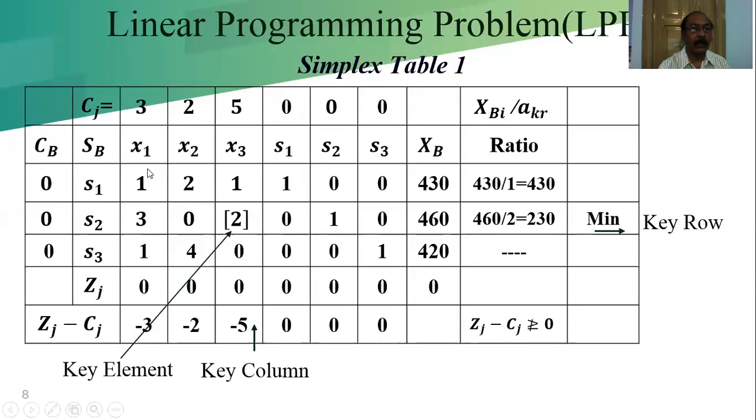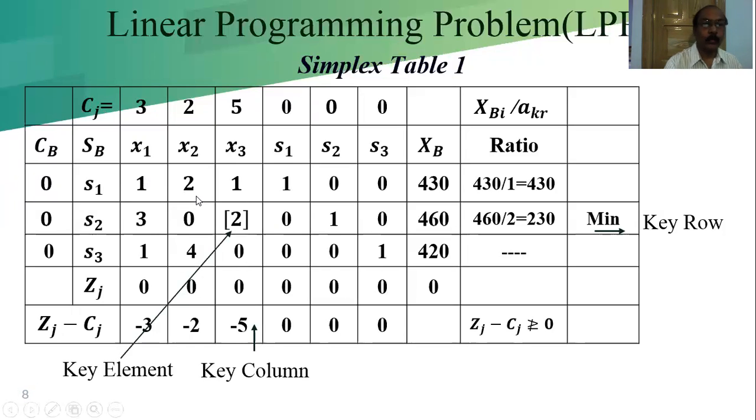This is the old value, so the new value will be 1 minus the corresponding value in the key column, which is 1, into 3, the corresponding element in the key row, so 3 into 2 divided by 2. So 1 minus 3 by 2, that means minus half. So this will be minus half.